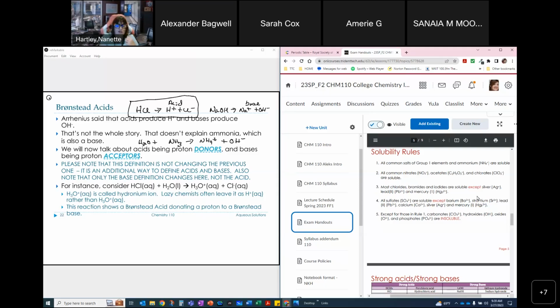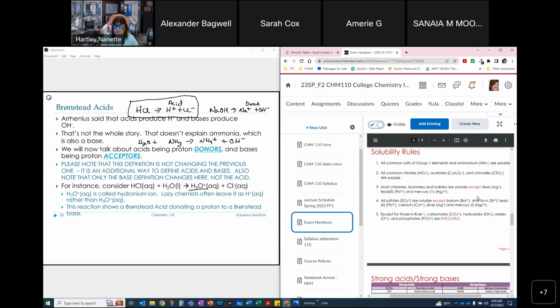One other thing that we need to talk about is H plus. I said right here that HCl goes to become H plus and Cl minus. Technically speaking, H plus does not exist in solution. It's not real. What we see in solution is actually this H3O plus, which is called a hydronium ion.